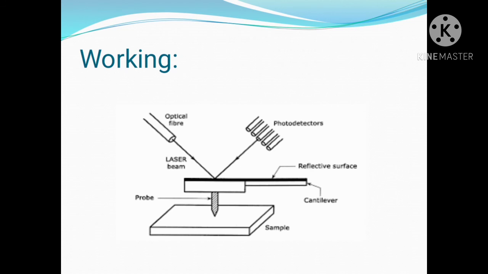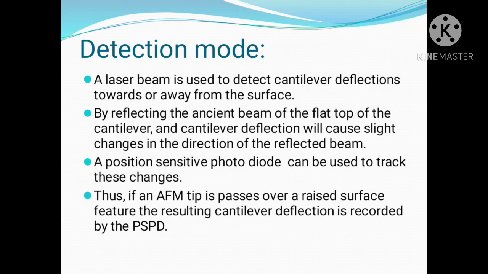Next is the working of AFM. In the working of AFM, there are some modes used, the first being detection mode. In detection mode, a laser beam is used to detect cantilever deflection towards or away from the surface. By reflecting the incident beam off the flat top of the cantilever, cantilever deflection will cause slight changes in the direction of the reflected beam.